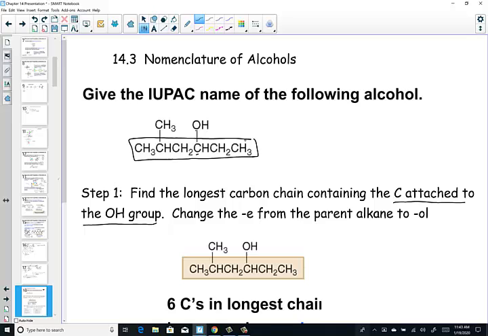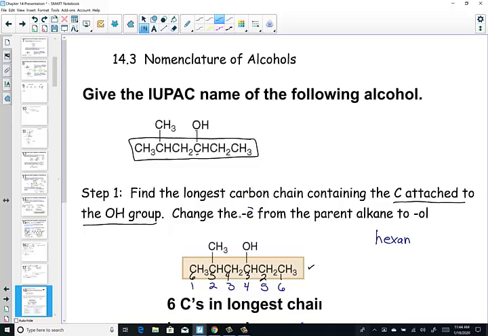I think you just have it right there. It's highlighted below. So I'm going to number it: 1, 2, 3, 4, 5, 6. I can count 6 carbons in the longest chain. So I know that my backbone is going to be hexane.